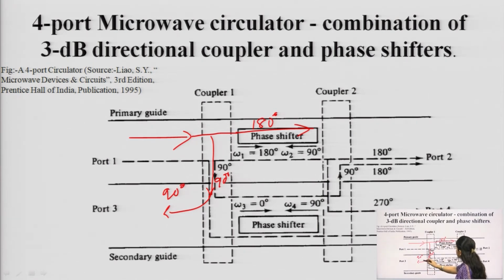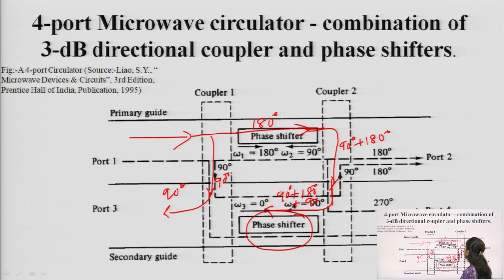Now, the first signal which is reaching here has a phase shift of 90 degrees. Now, the second one is coming and will go downwards, 90 degrees plus 180 degrees, it reaches here, and again 180 degrees, 90 plus 180 plus 90, because the phase shifter from right to left will give a phase shift of 90 degrees.